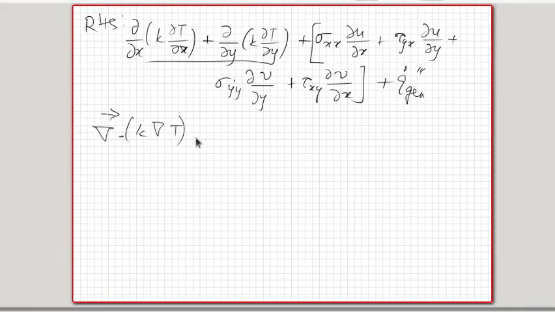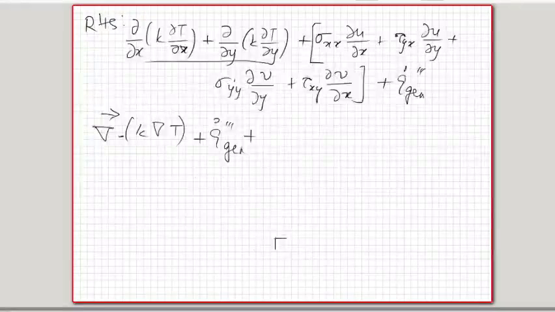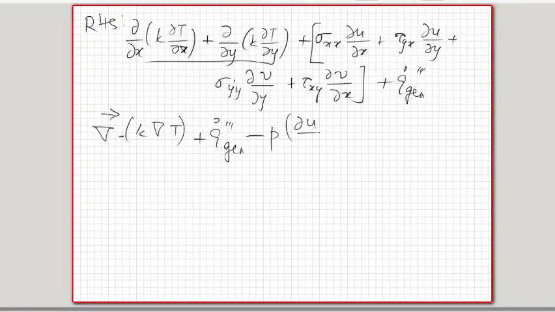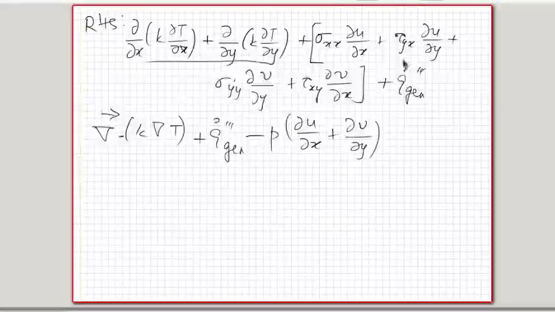Okay, so that is that, plus q dot generation, which stays as it is, plus let me write it with a minus sign because the pressure has a negative sign in both the terms. So I'll get minus p times del u by del x plus del v by del y, because that is going to come out of this sigma xx and this. And this tau x and tau xy are the same, so you get a del u by del y plus del v by del x there, multiplied by this.